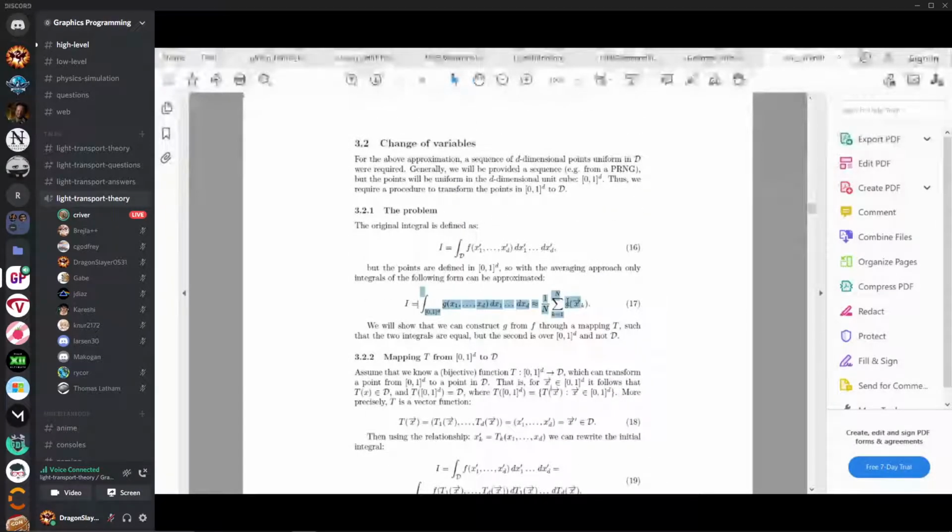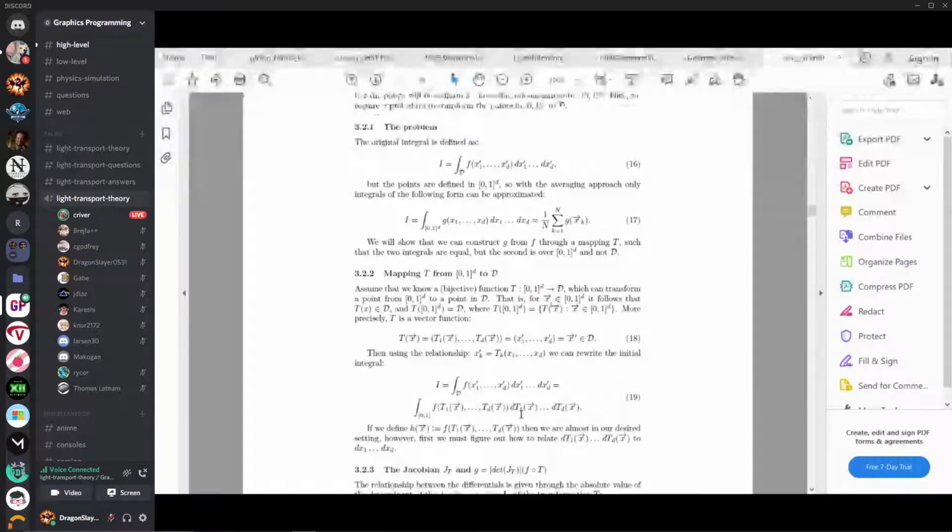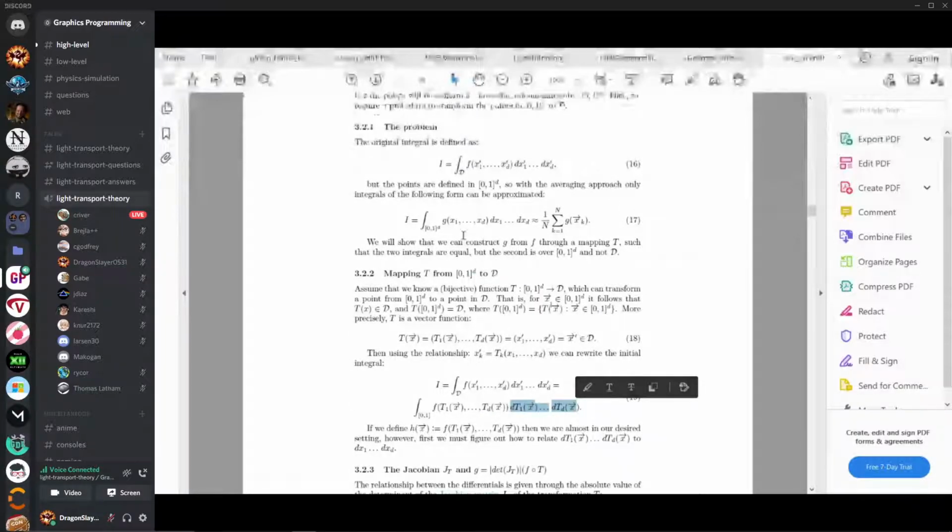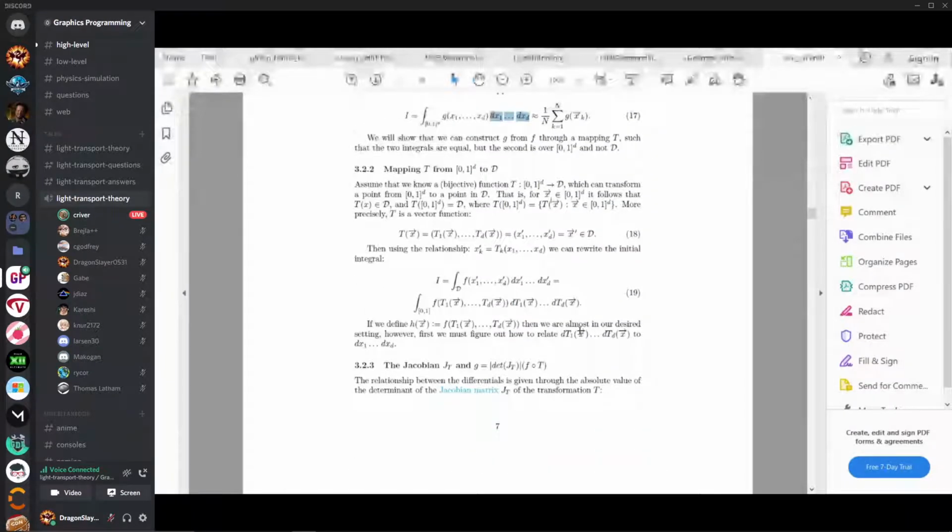But the differential here doesn't look like what we have here. So we need one more step.